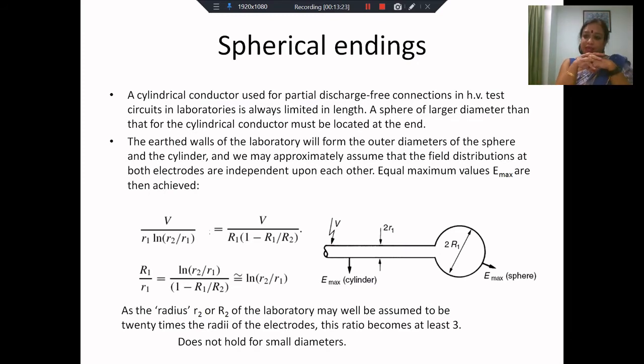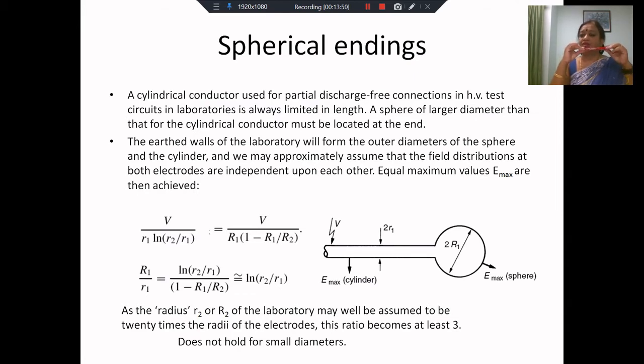But we can still use, as a first approximation, the discussion we have had in the previous slide. That is, we can consider this to be an arrangement of coaxial cylinders, where one of the cylinders is your cylindrical conductor, the inner cylinder, and the outer cylinder is formed by the earth walls of the laboratory.